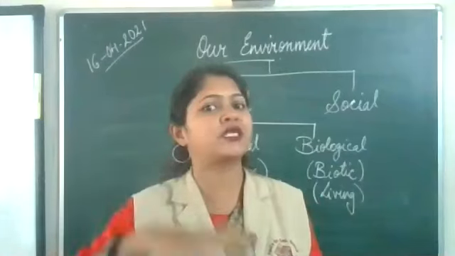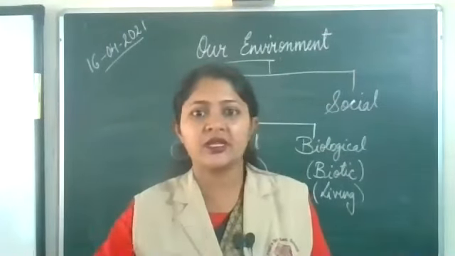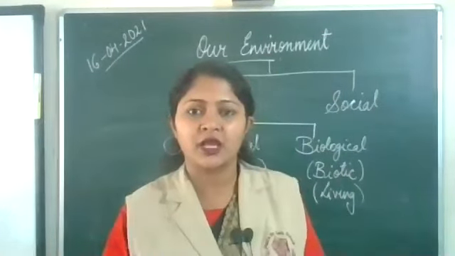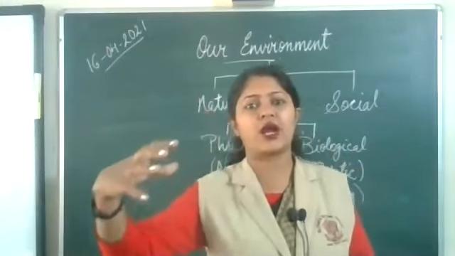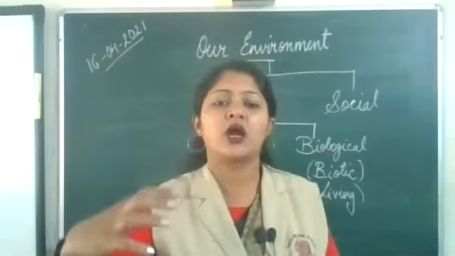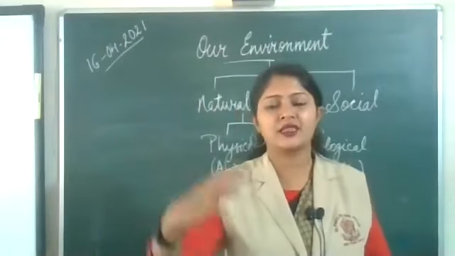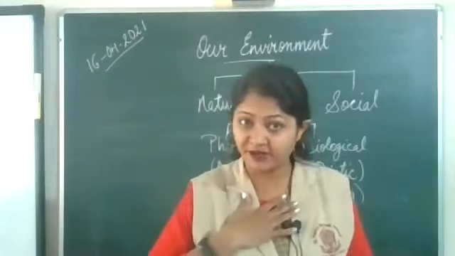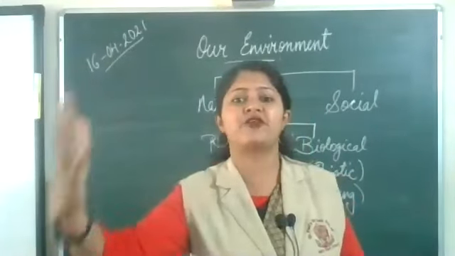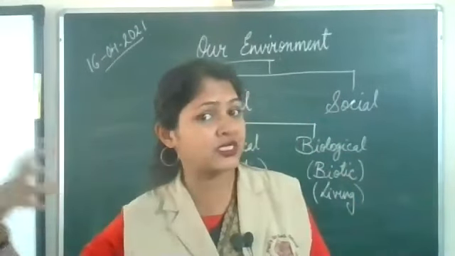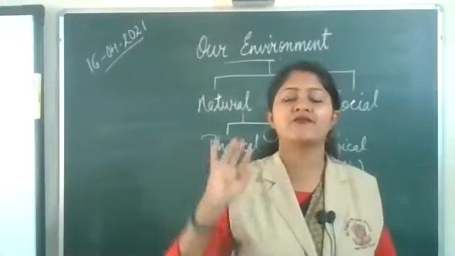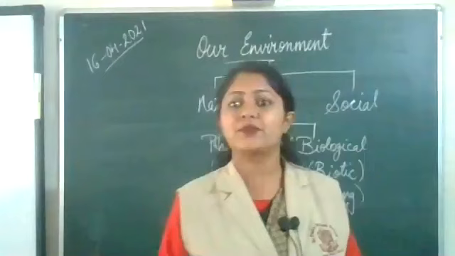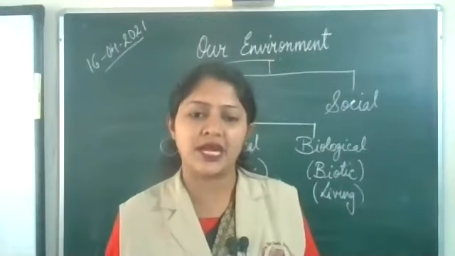I just told you how to get nutrients from the soil. Decomposers do that. So plants, that is the autotrophs, and then depending on them are the heterotrophs, that is the herbivores and the carnivores and the omnivores, and then further we have the decomposers, and after the decomposers again we have the autotrophs, that is the producers, the green plants.